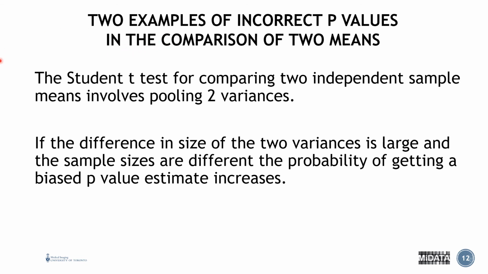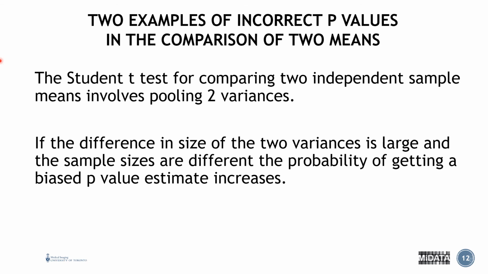The Student t-test for comparing two independent sample means involves pooling two variances, and we saw that in the previous slides. If the difference in size of the two variances is large and the sample sizes are different, the probability of getting a biased p-value estimate increases.